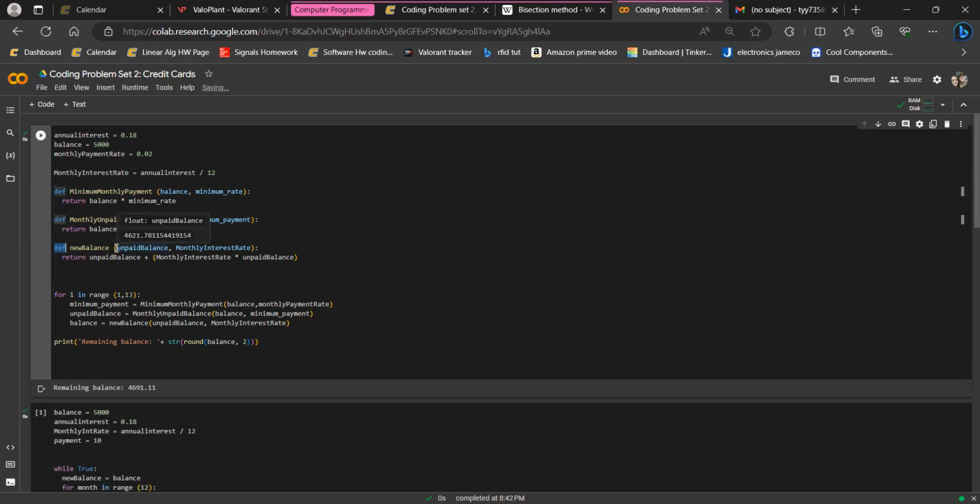And you have input variables, and with those variables it'll return a formula, or it'll return a variable, but I didn't know you could also do returning a formula when you call upon New Balance, and you have what it says here. I'm putting in unpaid balance and the monthly interest rate, and it's giving me back this, and it's iterating through this 12 times.